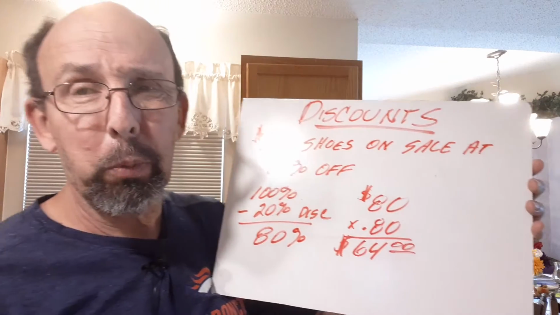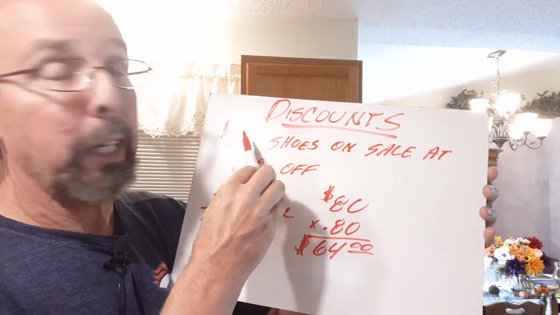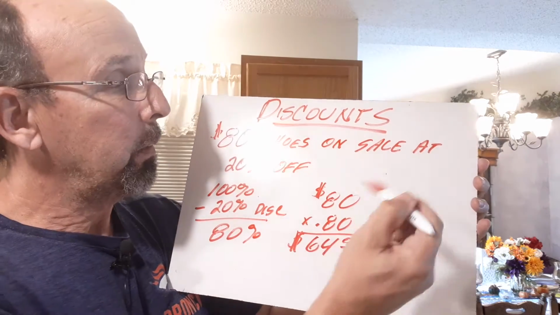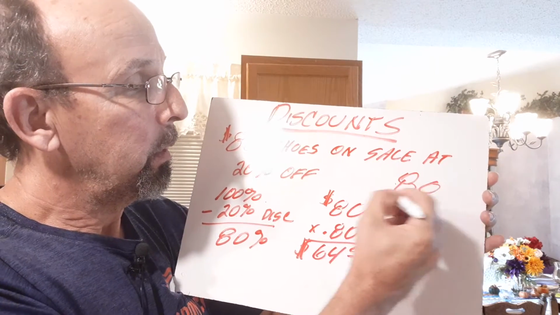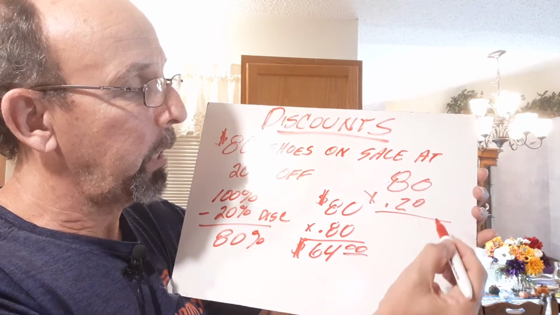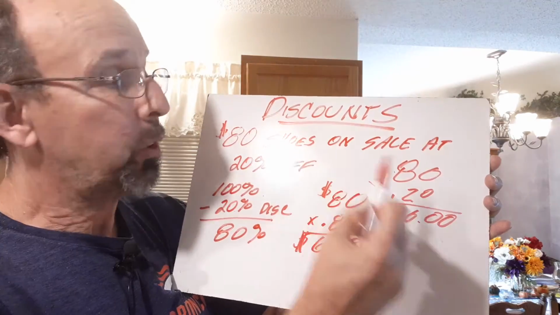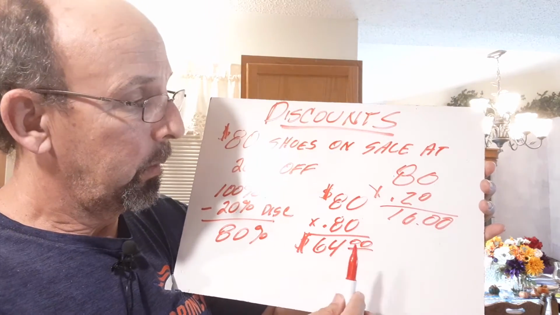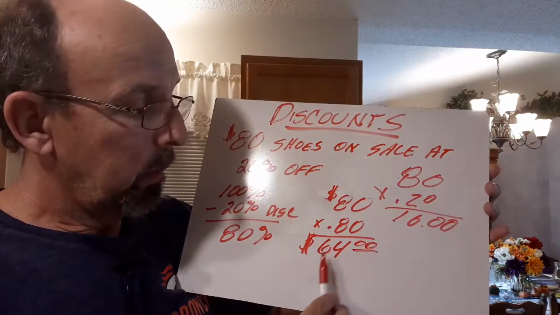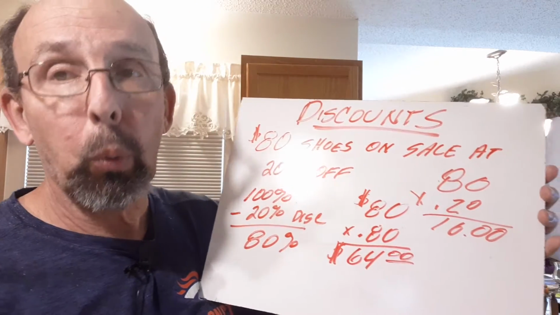You say, well, Mr. Adams, couldn't I just figure how much the discount is? Take 20% times 80. So 80 times 0.20, and there you would get $16, and then subtract that from the 80 and get 64. Yes, you can. You can do it either way.